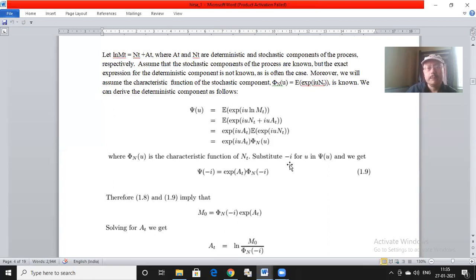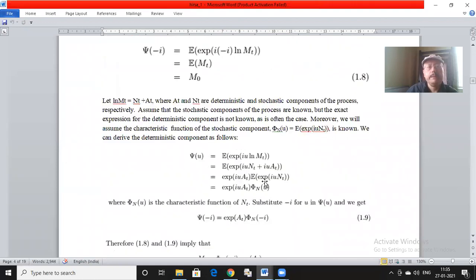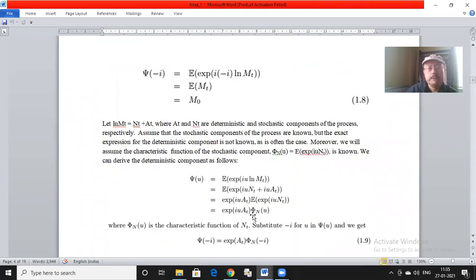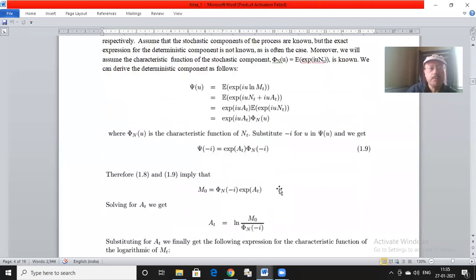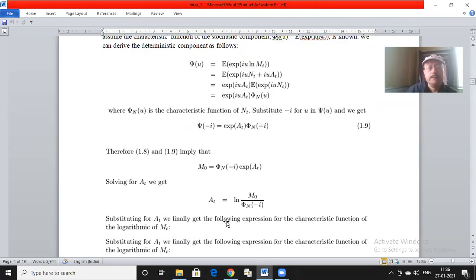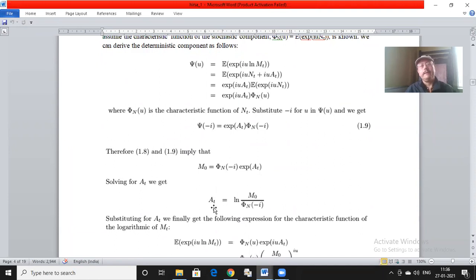Again, same trick, substitute minus i for u in here. So we'll get psi of minus i as e to the power AT phi n minus i. Combining these two equations together, because I know psi minus i is m0, I can immediately write AT equal to log of m0 by phi n of minus i.